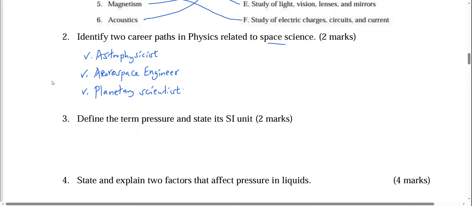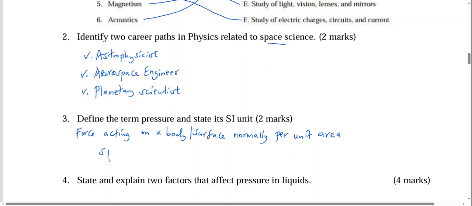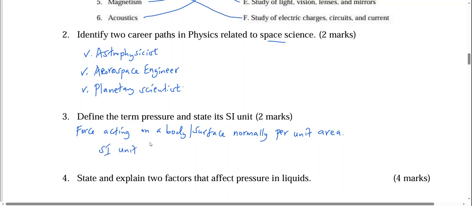So pressure, by definition, this is the force acting on a body or surface, normally per unit area, and its SI units is Newton per square meter, or sometimes we use Pascal.